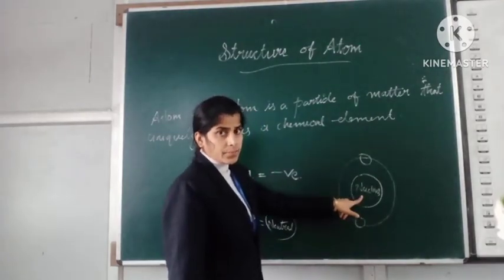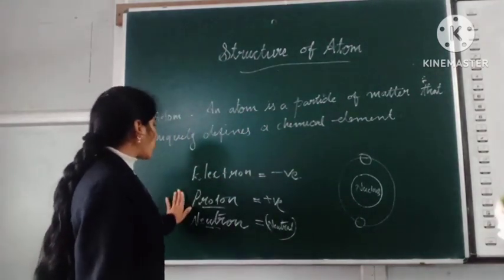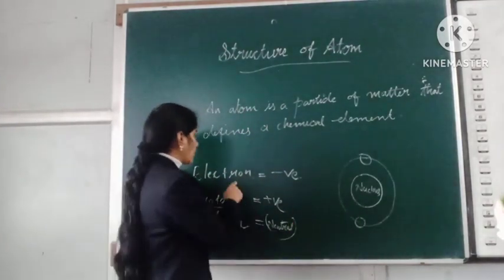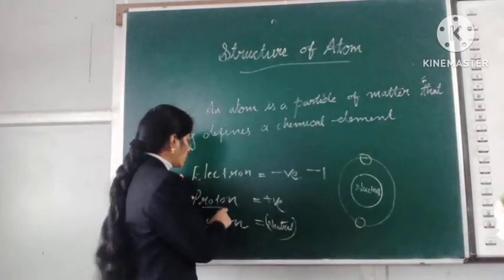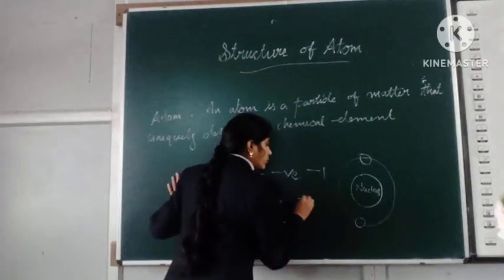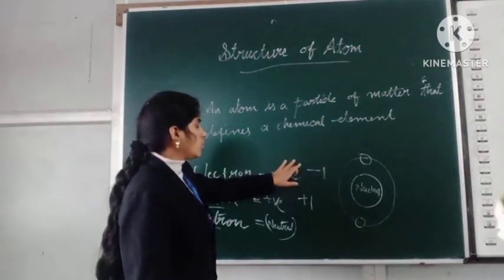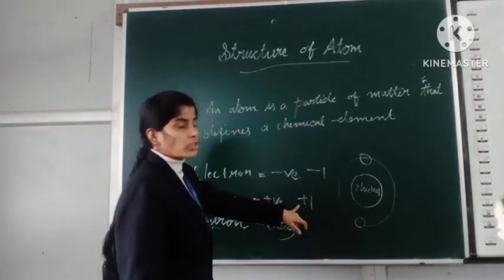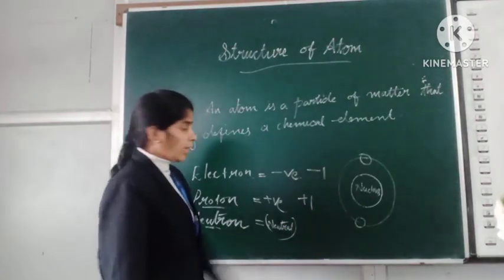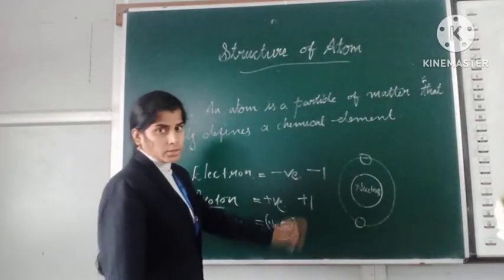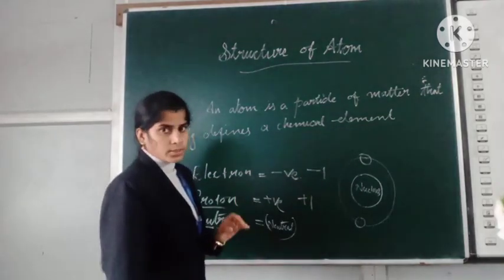The electron and proton also have a unit of charge. The electron has -1 unit of charge, and the proton has +1 unit of charge. So the negative 1 unit and the positive 1 unit are equal and opposite charges. Is it clear? This is the structure of the atom.